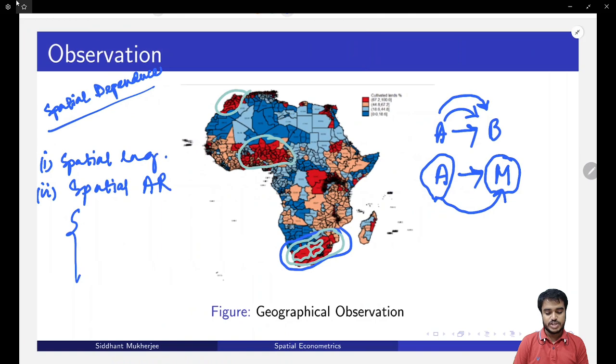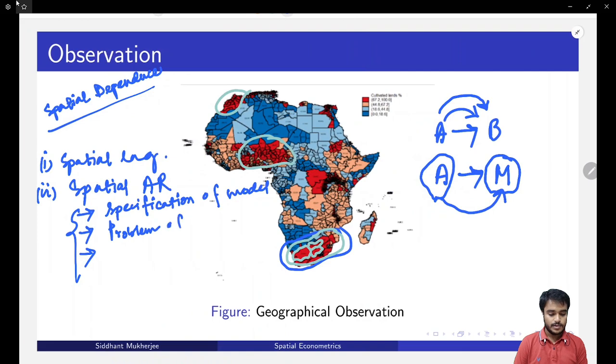Spatial autocorrelation depends not only on the theoretical structures but also on some empirically estimated processes, like specification of the model, right? The problem of estimation, which we will do in the next series of video lectures, and testing for spatial dependence.